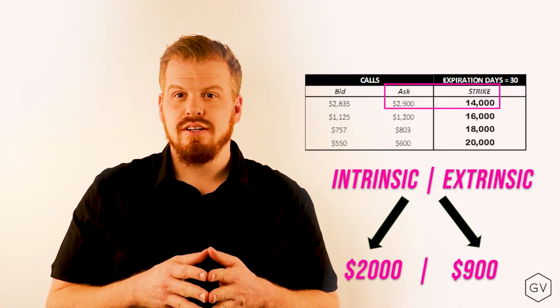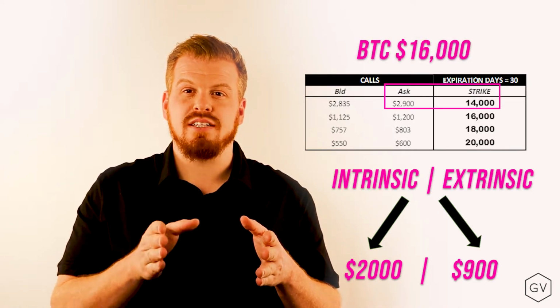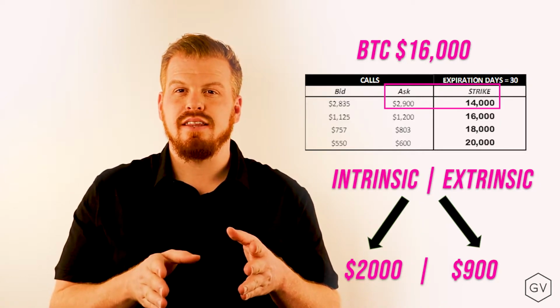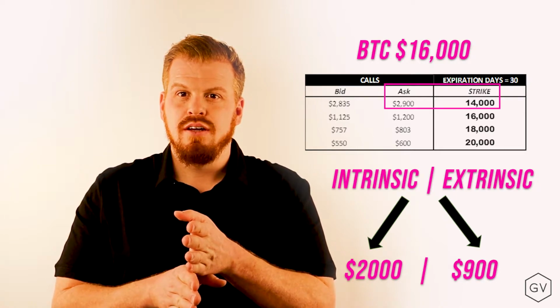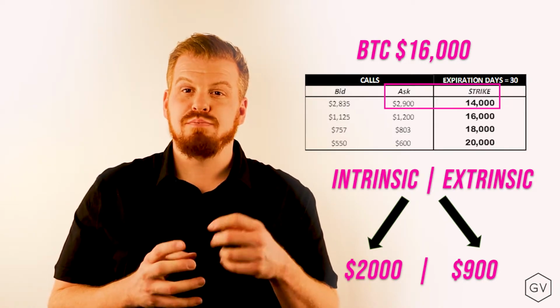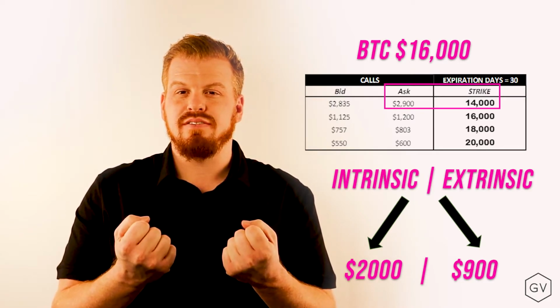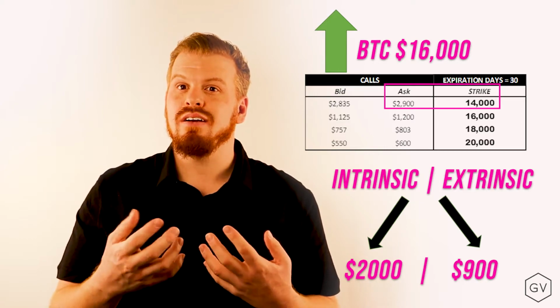On expiration, that $14,000 call will be worth $2,000, assuming that the spot price remains at $16,000. That's $2,000 of intrinsic value. But today, that call is worth more than $2,000. It has both intrinsic and extrinsic value because there's still time for Bitcoin to go up even higher than where it is today. So that's the trade-off of strike prices.